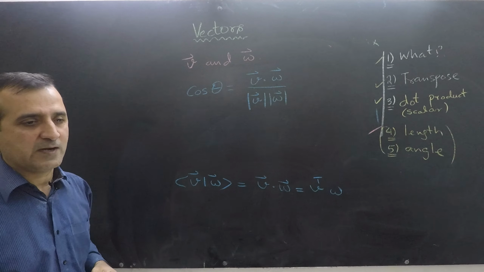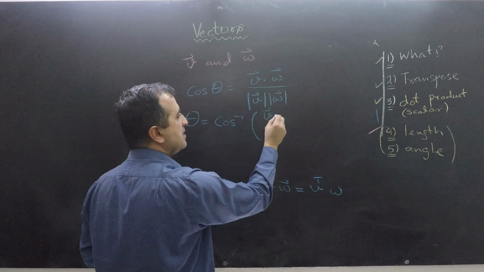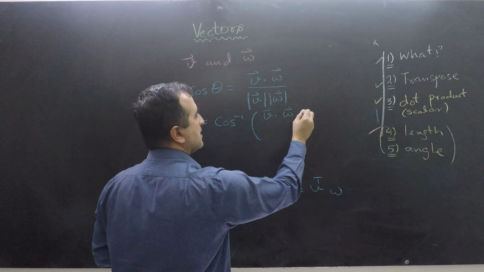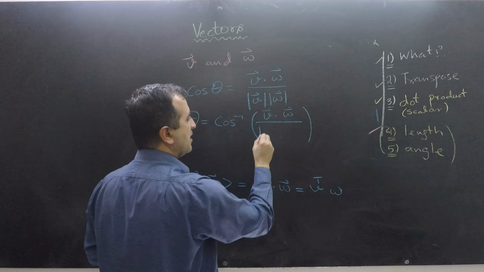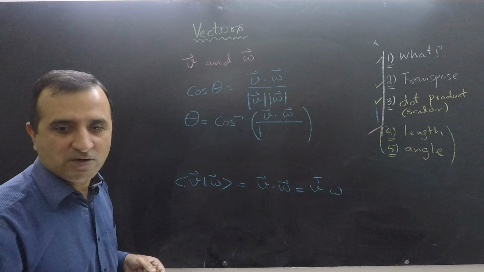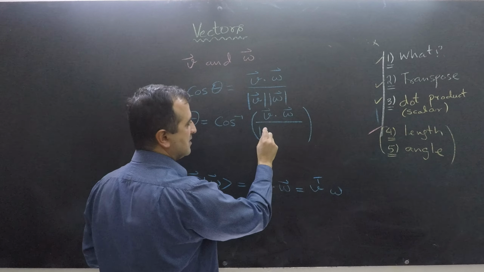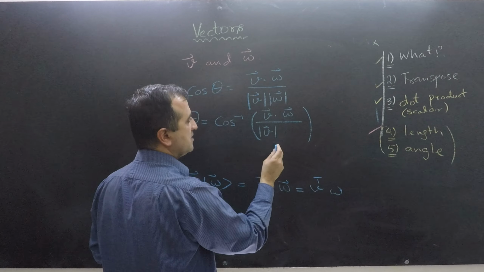The angle is theta, so theta is equal to cos inverse, because when I take cos here, it becomes cos inverse. So cos inverse of v dot w divided by the lengths, and our calculator will help us find cos inverse, because in the calculator we have the cos inverse function.